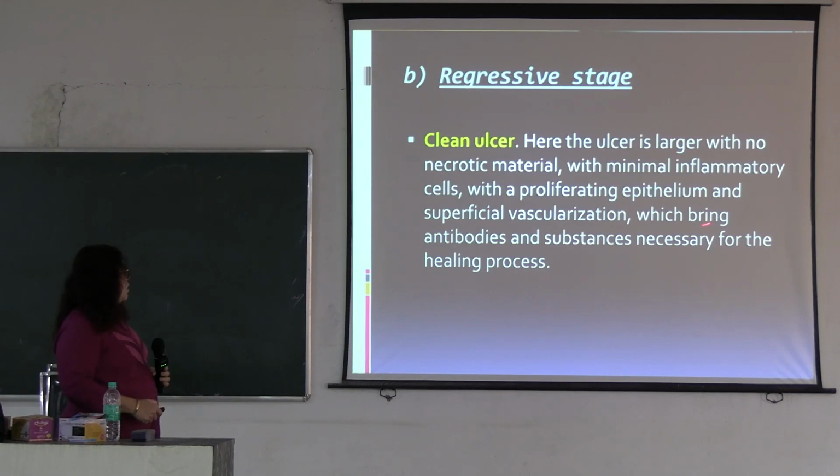And here vascularization is increased, and due to the increased vascularization the blood flow increases, and antibodies and other substances that are essential for healing are liberated there, and they destroy the microorganisms.